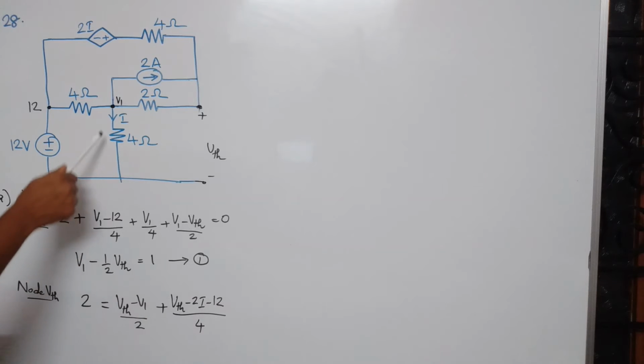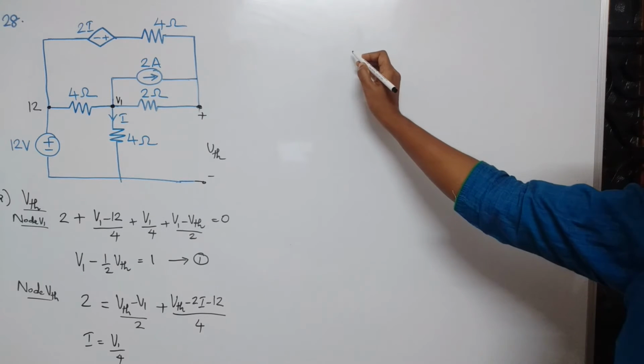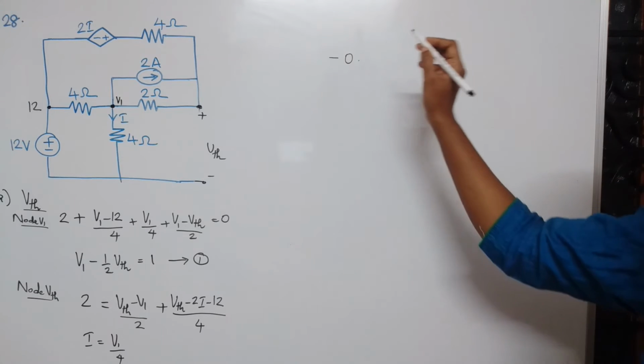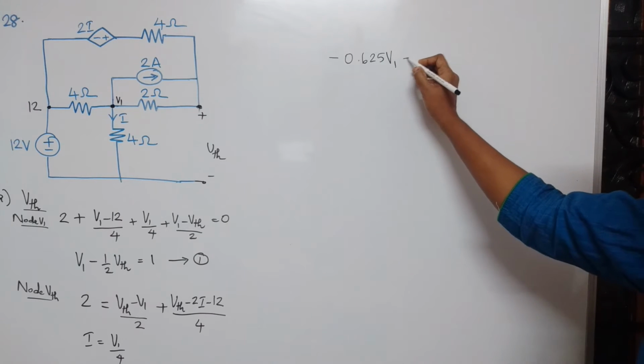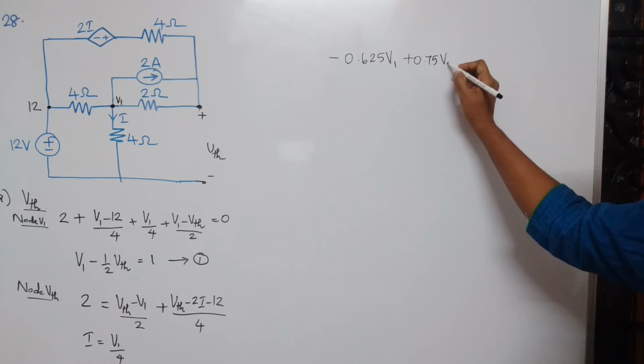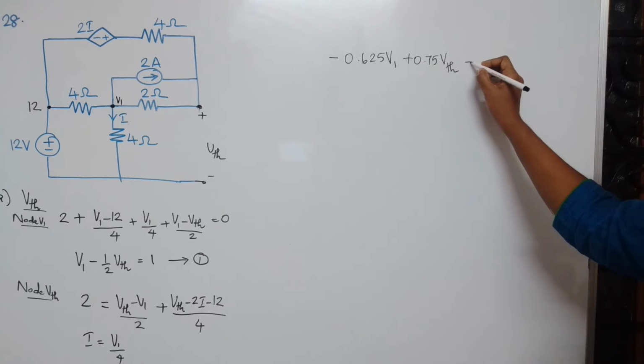Now what is this I? I is V1 by 4. We can substitute it, and on simplification, we'll get the equation as minus 0.625 V1 plus 0.75 VTH is equal to 5.